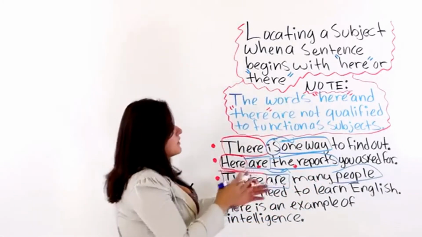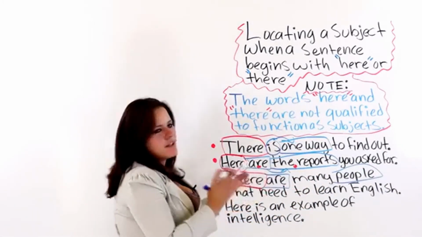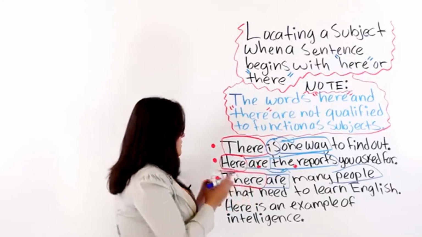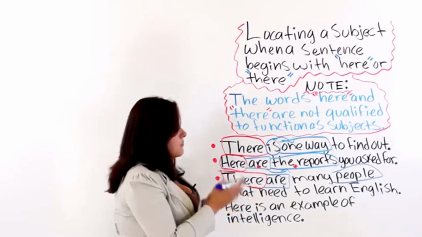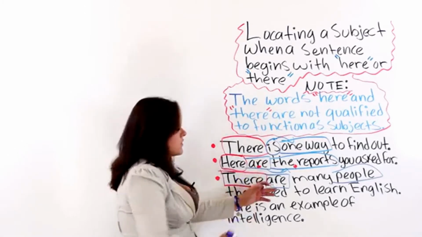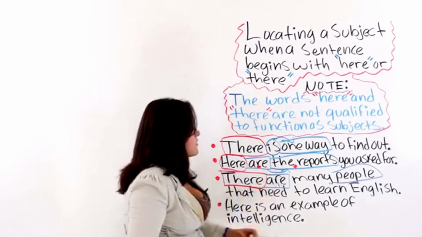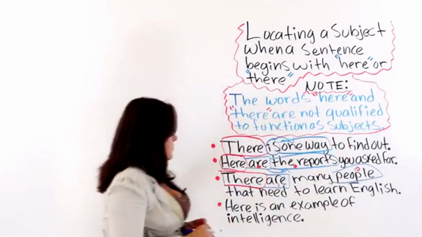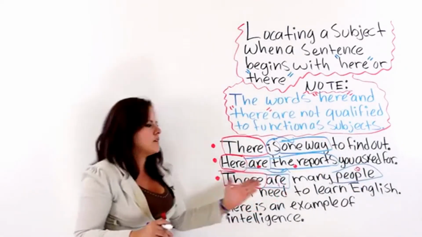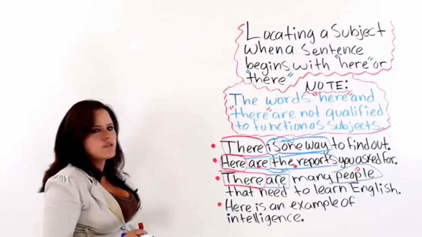Okay? So we look at the noun and we say, okay, that must be our subject because there cannot be our subject. Therefore, we must use a plural verb that agrees with our plural subject. Many people. There are many people that need to learn English.